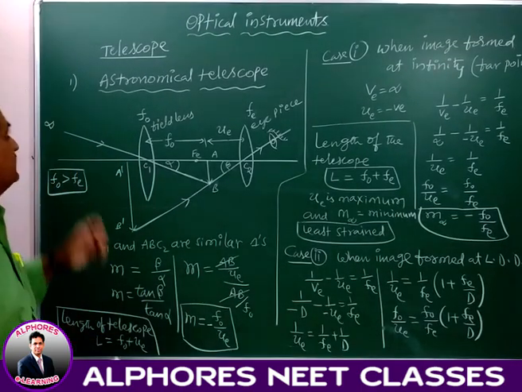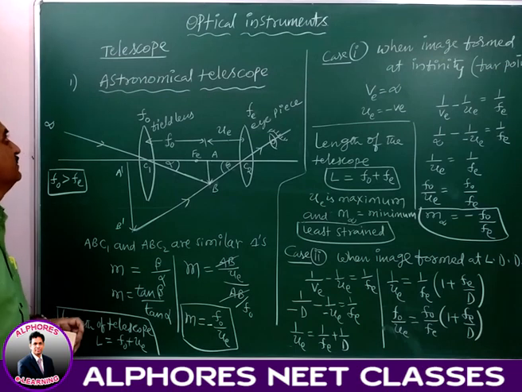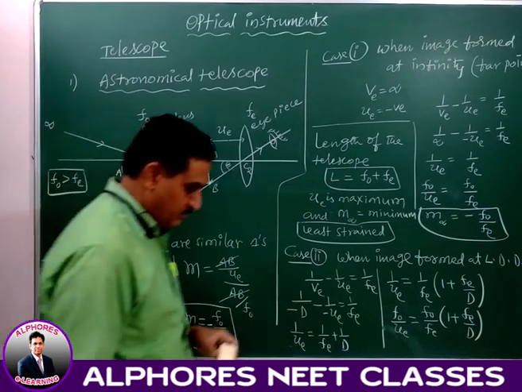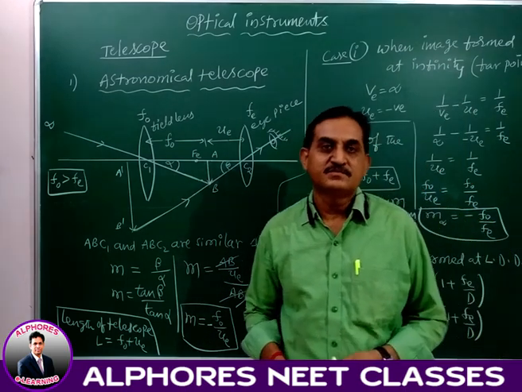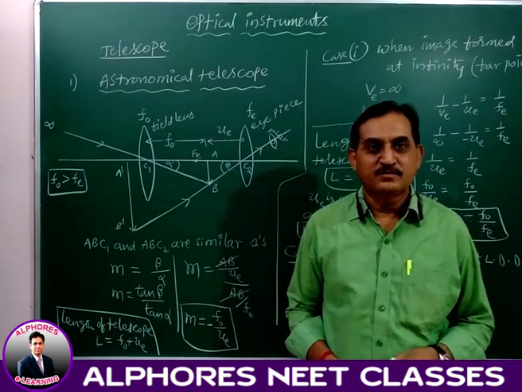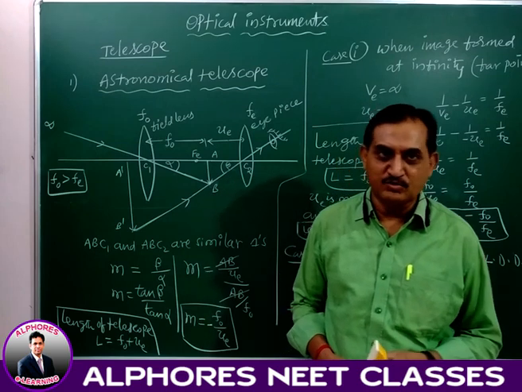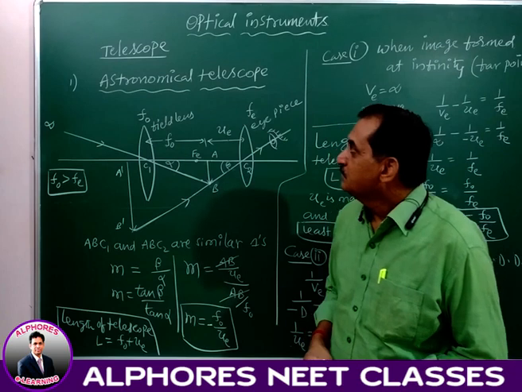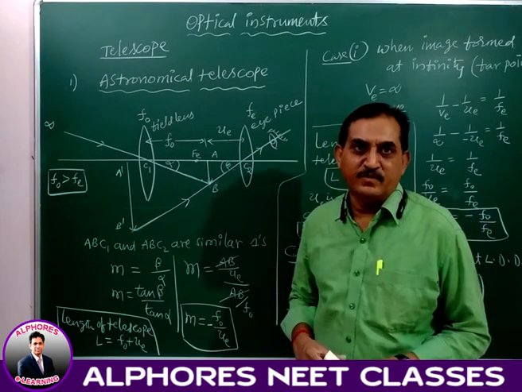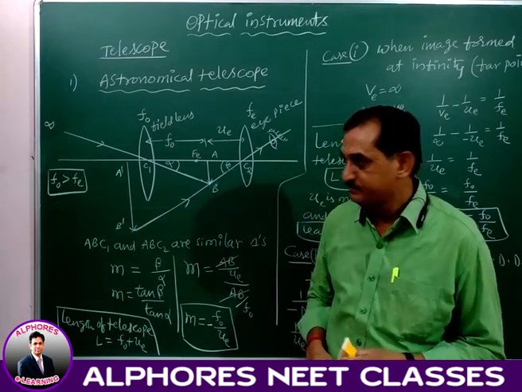Next category, that is telescope. So telescope, first one is astronomical telescope, second one is terrestrial telescope, third one is Galilean telescope, and different types of telescopes are there. So let us go for the first one, that is astronomical telescope.